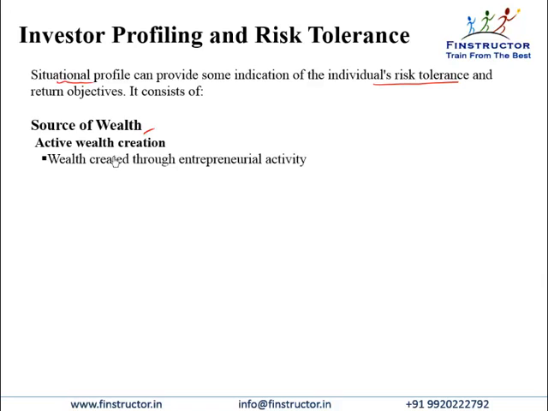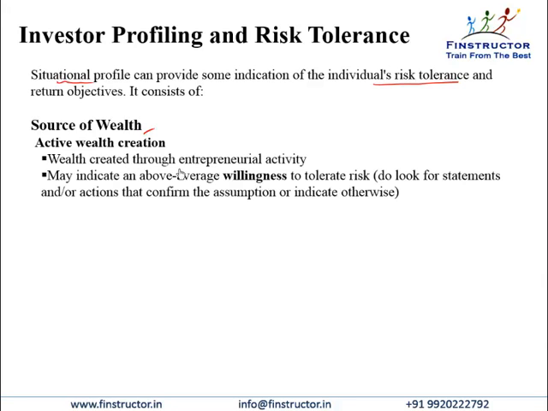If the source is active wealth creation, something like wealth accumulated through entrepreneurial activity, or through investments in venture, or through investments in private companies, etc., then this kind of source of wealth may normally indicate an above average willingness to tolerate risk.